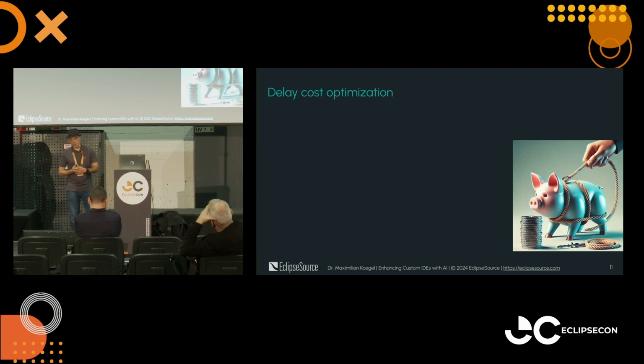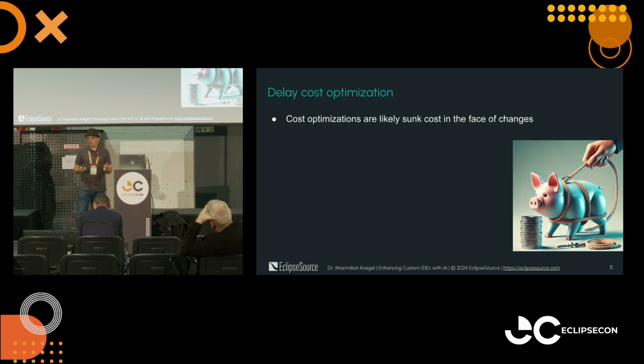The other thing I would strongly advise to delay is cost optimization. People go ahead and tweak their prompts or take a little bit of a smaller model because then inference becomes cheaper. But likely those cost optimizations are just sunk cost in the face of changes. You start this cost optimization project, and then 3 months down the road, the cost has just, I don't know, become a third of what it used to be. And really, if you look at that historically, for these LLMs, this is really Moore's law on steroids.